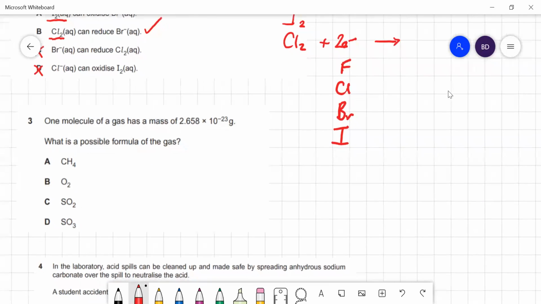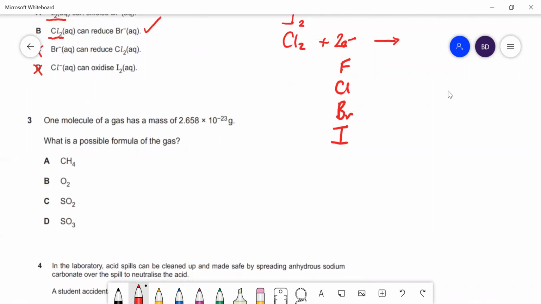Okay, question 3. One molecule of a gas has a mass of this many grams. What's the possible formula of the gas? Well, we have to work out the MR of the gas, the molecular weight. So the MR is the mass of 1 mole.